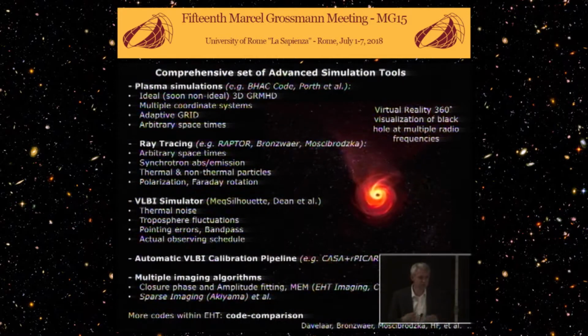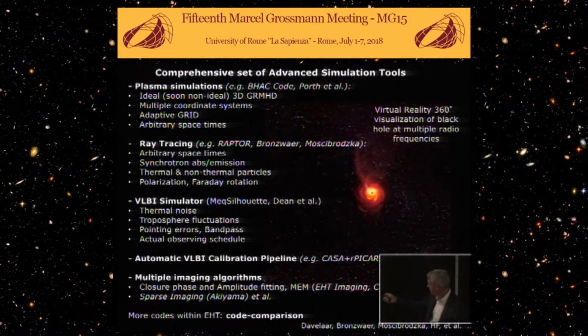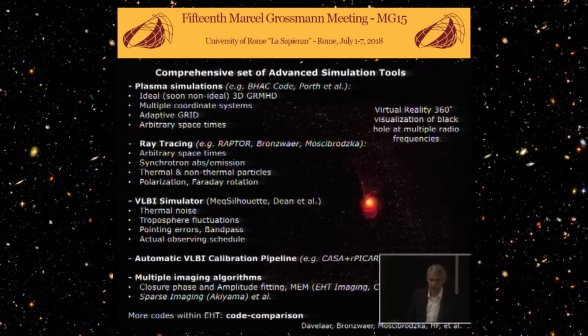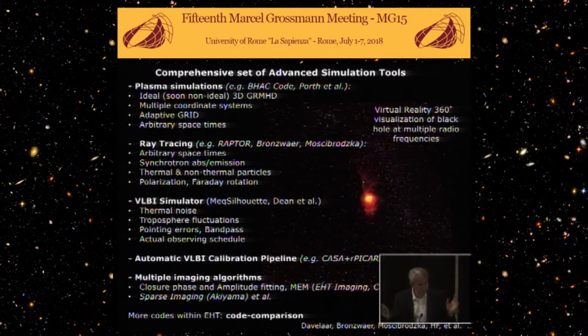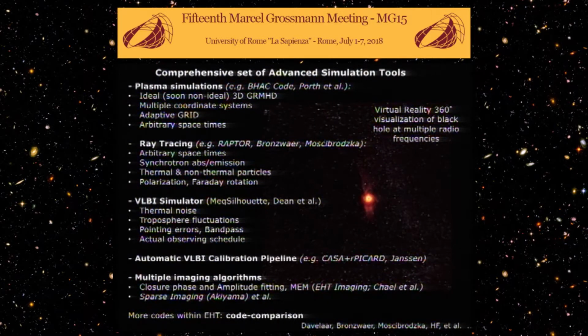So this is actually the most advanced VLBI simulation available now, and only since a few weeks. We have an automatic VLBI calibration pipeline, so you get the simulated data, you pipe it through an automatic pipeline which will calibrate the data, and it's the same pipeline that will also take the real data.